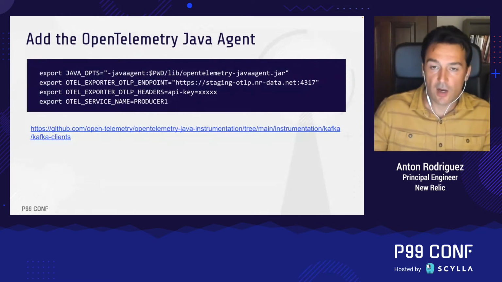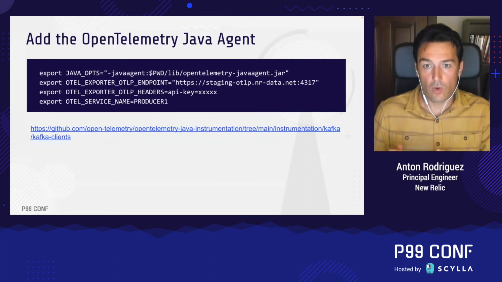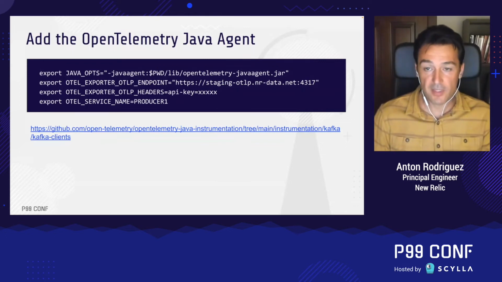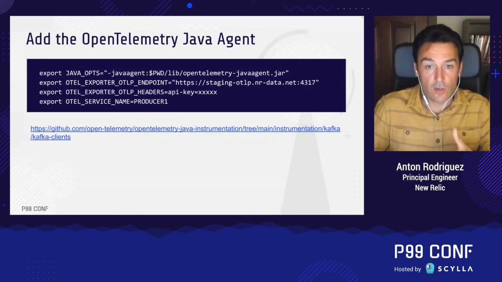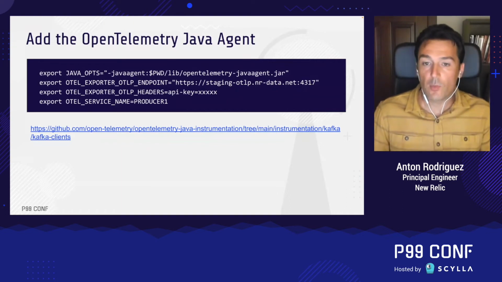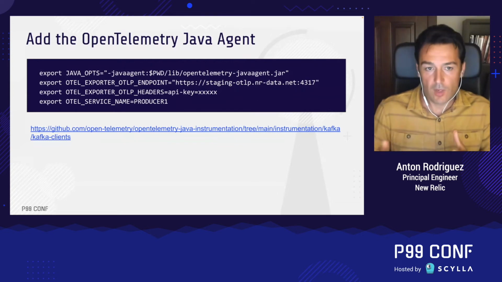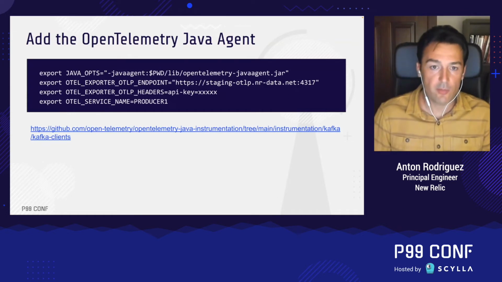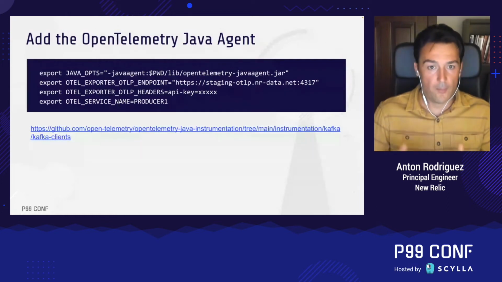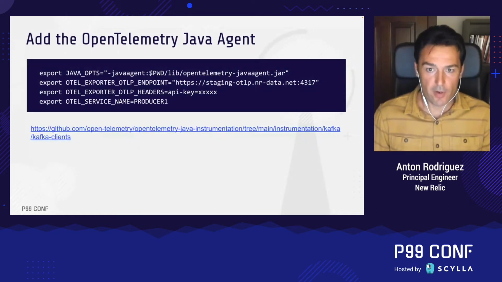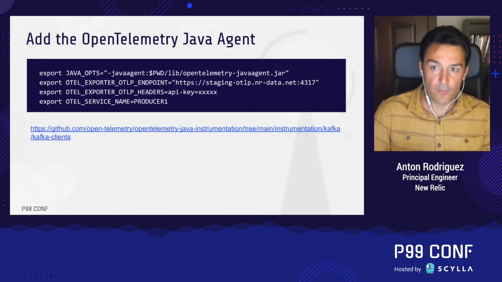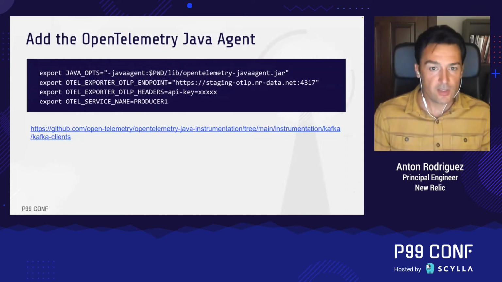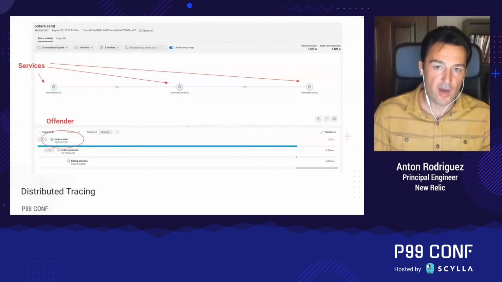So basically, where is our monitoring solution, where we are going to store our metrics and traces, some headers for authentication in this particular case, and we can also add some metadata, like for example the service name or the environment, if we have a test or a production environment, and things like that, to easily identify the metrics in our monitoring tool and be able to explore them and use them properly. So that's all we have to do. We have those variables, we download the Java agent, we redeploy our application, and boom, now we have distributed tracing in place.